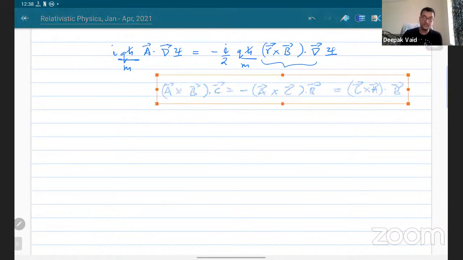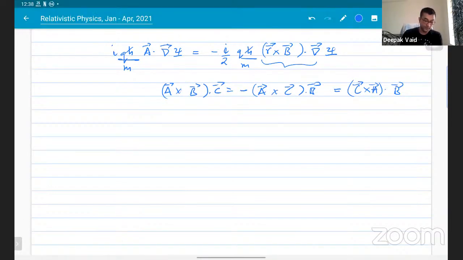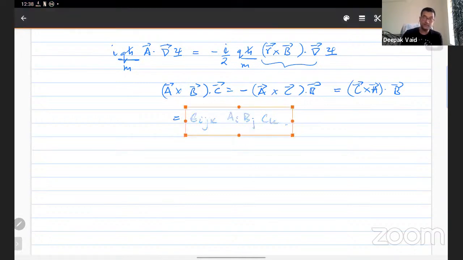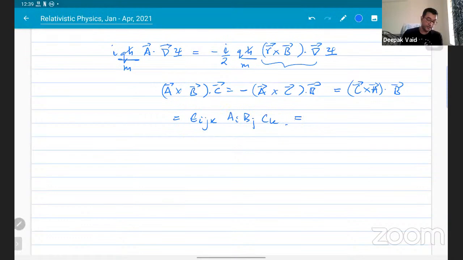Again, this is very easy to see if you use the epsilon tensor. So this becomes epsilon ijk a_i b_j c_k. And now it's very clear that you can write this as epsilon kij a_k b_i c_j, etc., because of the permutation symmetry of the epsilon tensor.